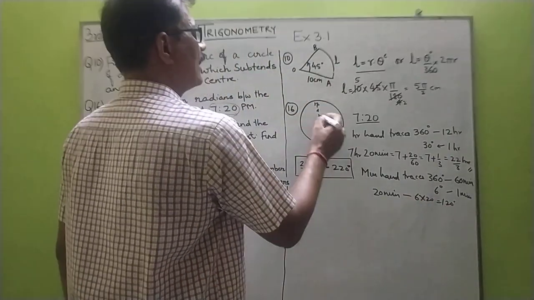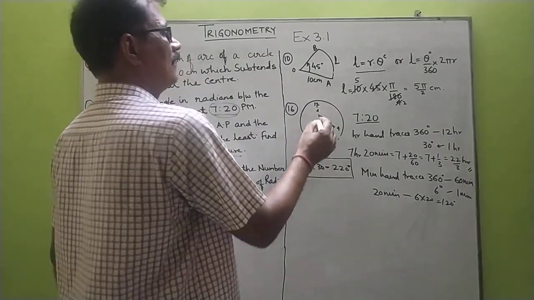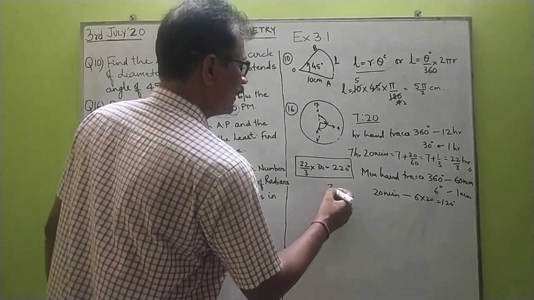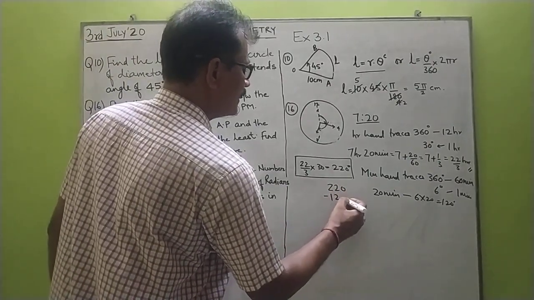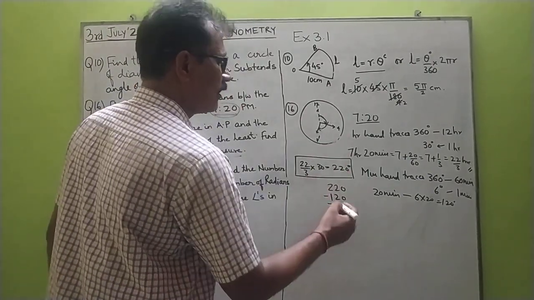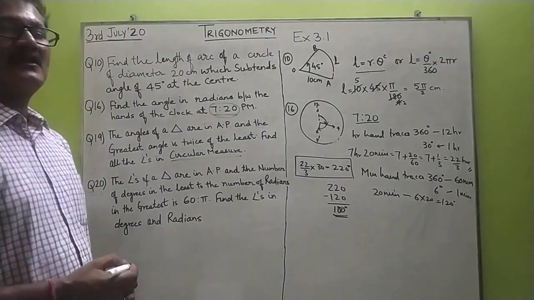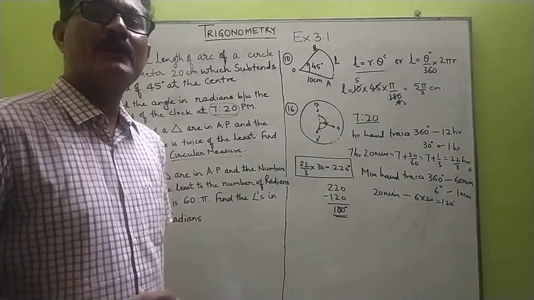That means this angle would be 120, and this angle you have found is 220. So 220 minus 120 is the angle between the two hands of the clock, that is 100 degree. So 100 degrees is the angle between the two hands of the clock when the clock strikes 7:20 p.m. or a.m.